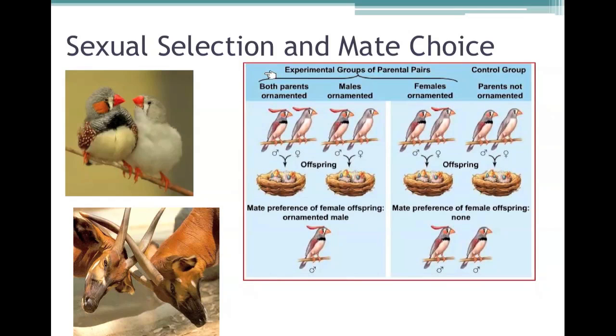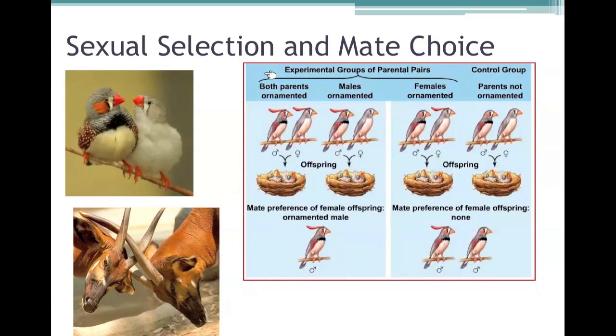So this is one way that you can see how imprinting at a very young age in the female can determine how she chooses her mate. So how she chooses her mate will then therefore influence the behavior of the males. So what you can see is that behavior in one sex is influencing the behavior in another sex.